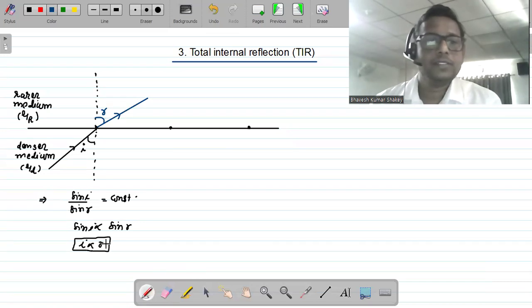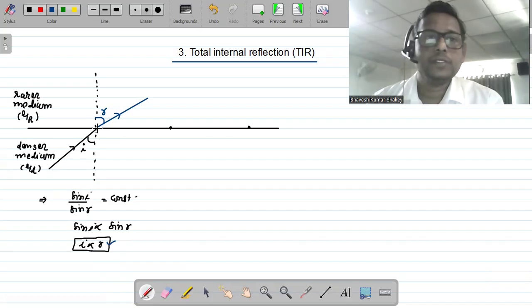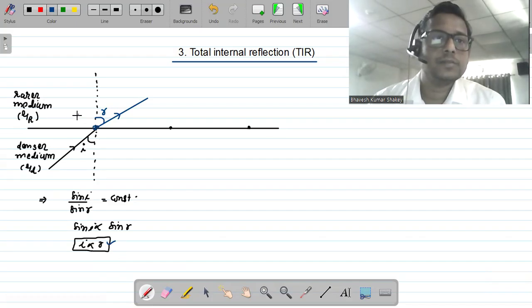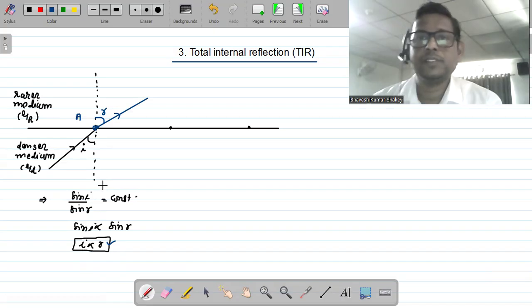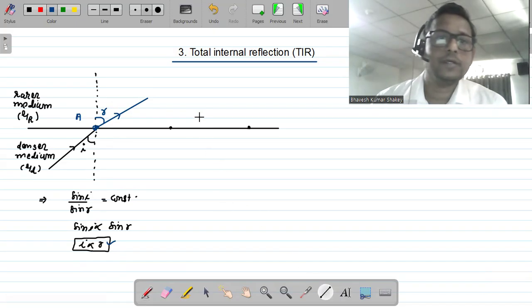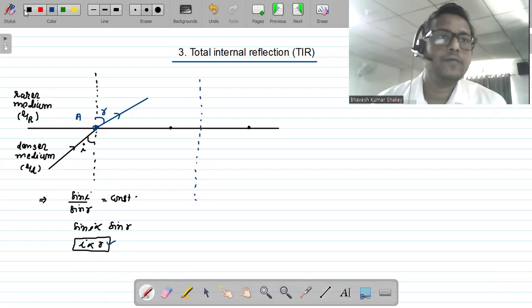Now by this relation, i is proportional to r. Let this point be a. I am increasing the value of i, the angle of incidence, such that this r becomes 90 degrees. See here.